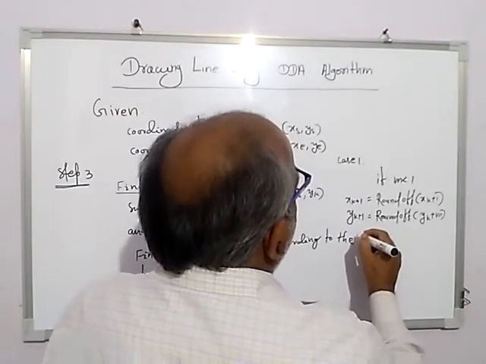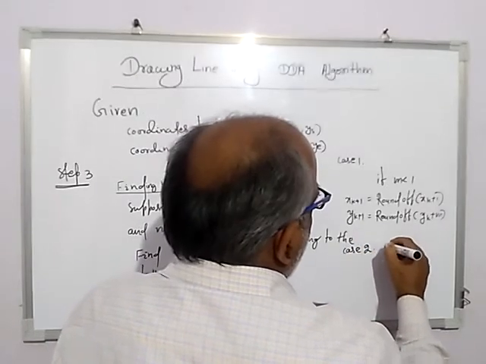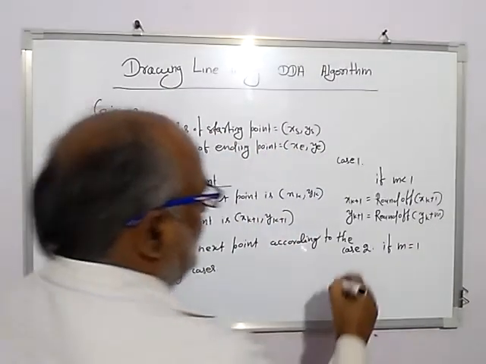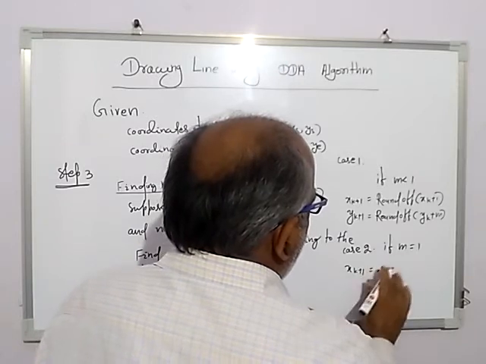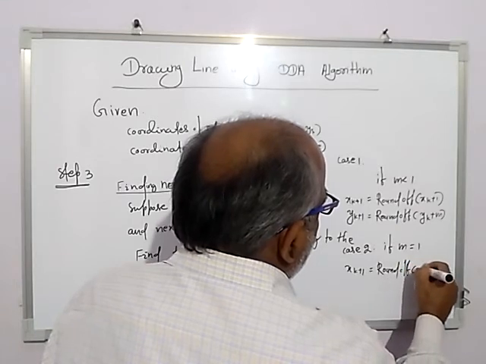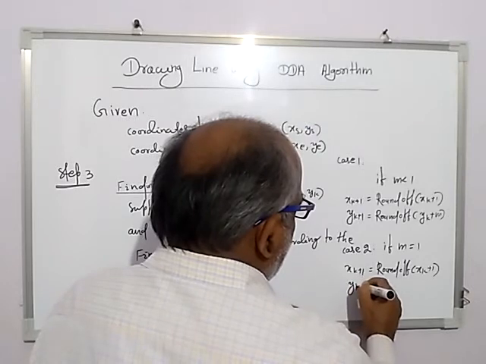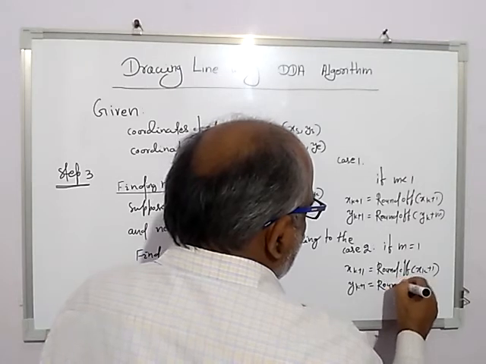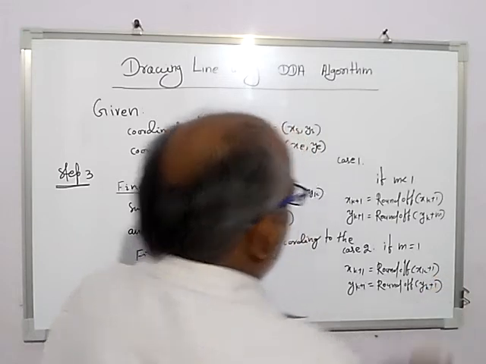So what is case 2? Case 2, if m equals 1, if the slope equals 1, then xk plus 1 equals round of xk plus 1, and yk plus 1 equals round of yk plus 1.